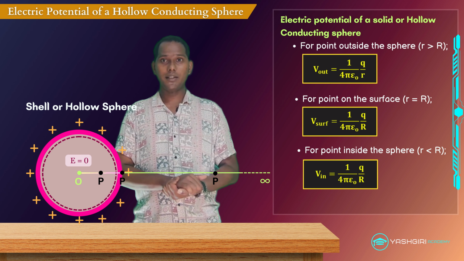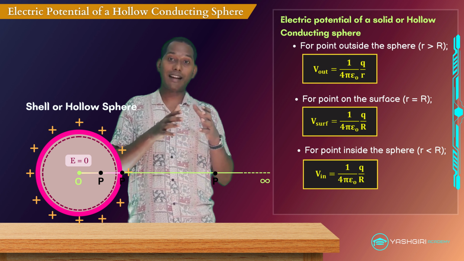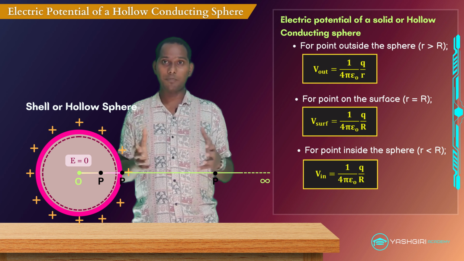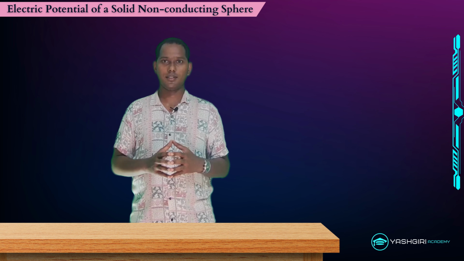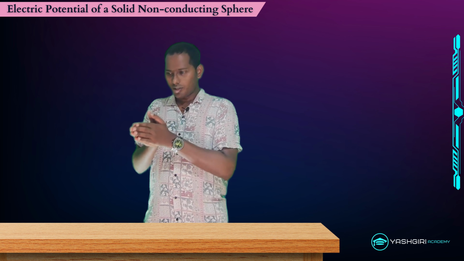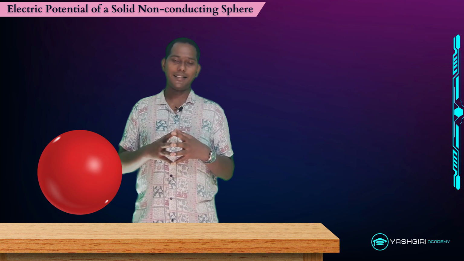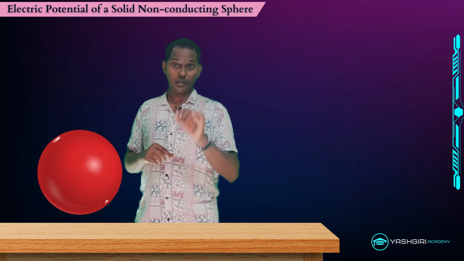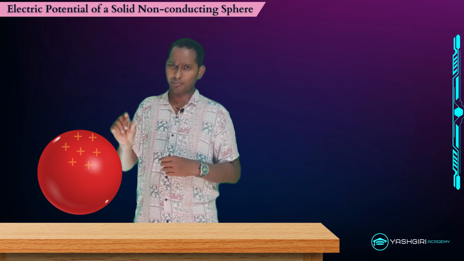Now students, moving ahead, we will try to find the electric potential of a non-conducting solid sphere. Let us see that. Now students, this is a non-conducting solid sphere. When we're talking about non-conductors, we know that whatever charge you put on them will just reside in that particular region.